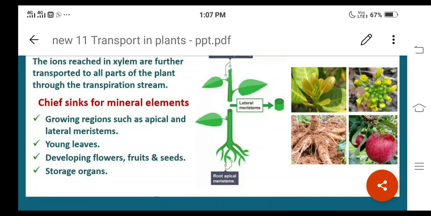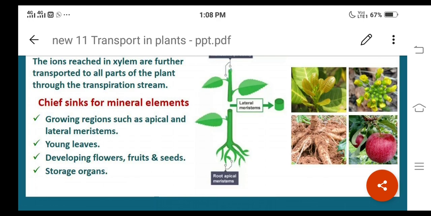Where the mineral elements are utilized here: they are utilized in the growing regions such as the apical and lateral meristems, and they are also utilized by the young leaves for their development, and for the development of the flowers or developing flowers, then even fruits and the seeds, and even the storage organs, say for example the root, which is a storage organ.